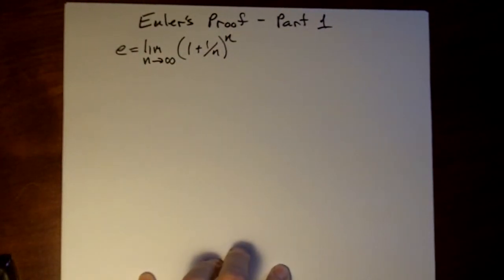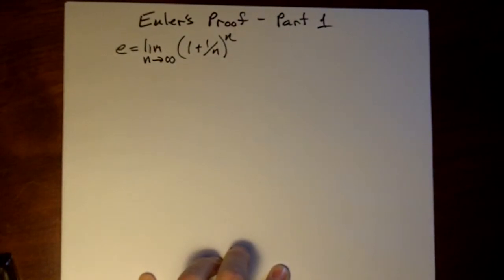Now, he originally devised this when he was looking at compounding interest, and he wanted to know what would happen if you compounded interest continuously. But he went on to think about this number that he had invented, e.